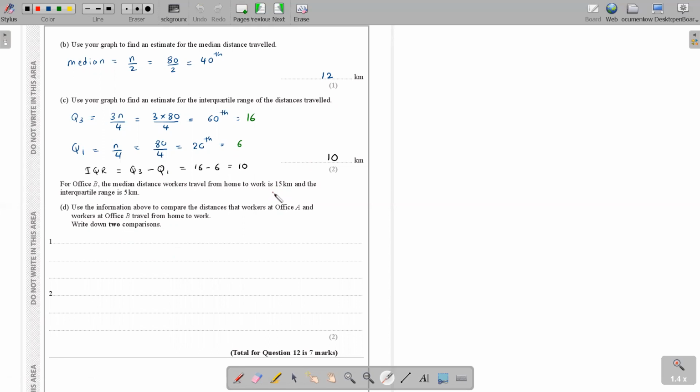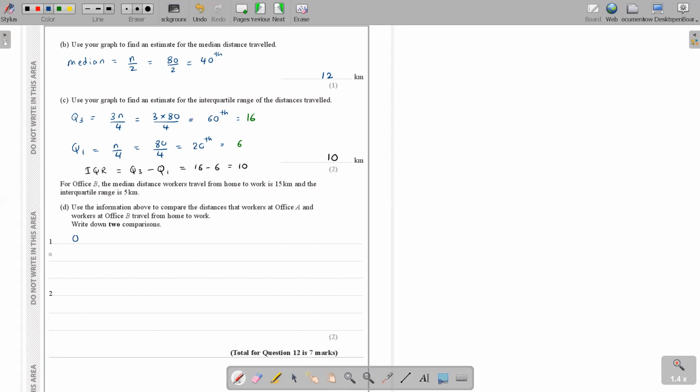You need to write it so that it makes sense. When the median distance is higher, you can say that the workers in office B travel a higher distance, because you can see their median distance is higher. So you can say office B workers travel a comparatively higher distance than office A. Just don't write only the median, because that does not make any sense.